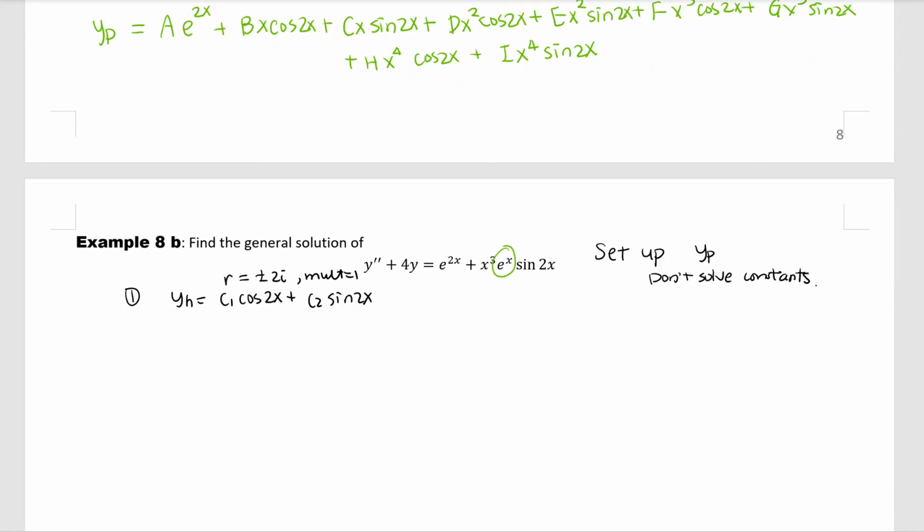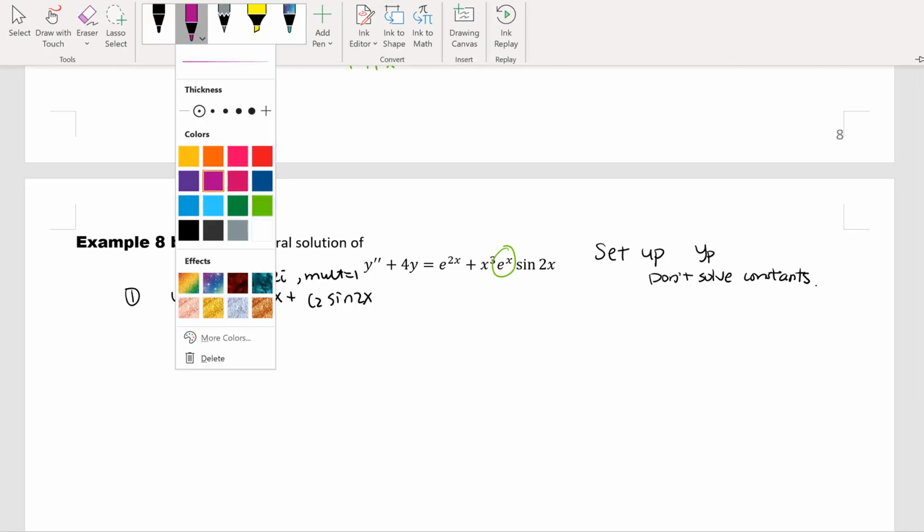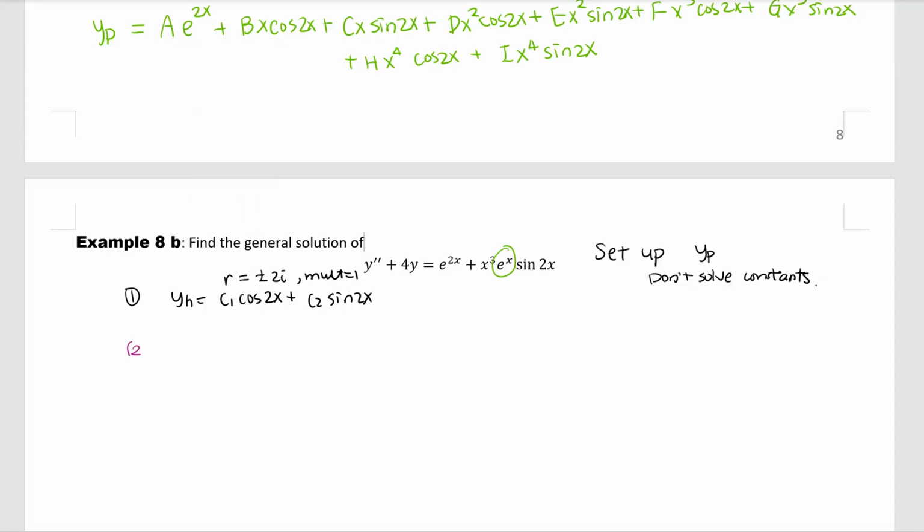When you want to find your yp, we look at the right-hand side. This guy corresponds to r equals 2 with multiplicity 1. Do you see the extra term e to the x? It corresponds to 1 plus or minus 2i, and x cubed corresponds to multiplicity 4.